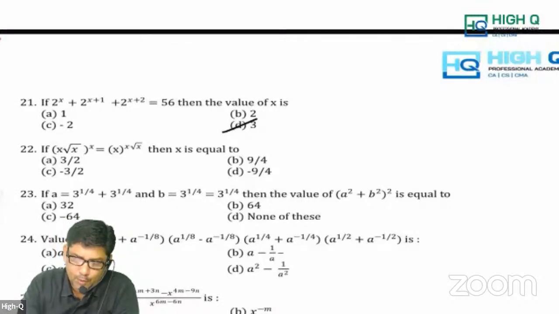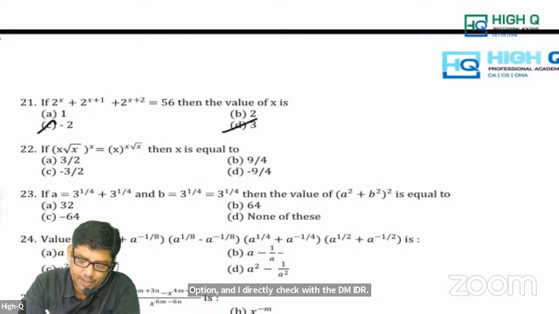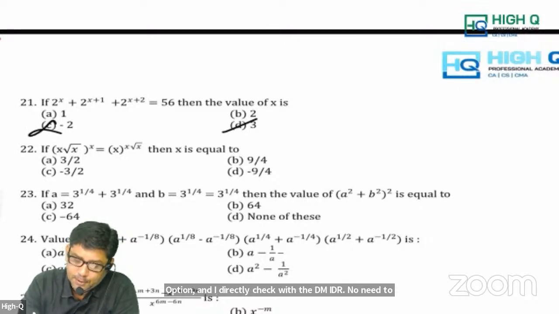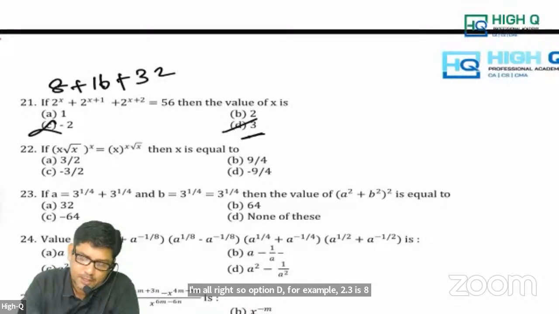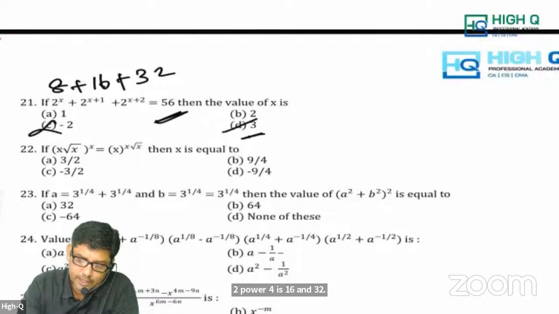No need to put 1, 2 and all. Minus definitely not possible. Am I right? So option D, for example, 2 power 3 is 8, 2 power 4 is 16 and 32. 8, 16, 32 gives 56. Directly you got it. Am I right, my dear?